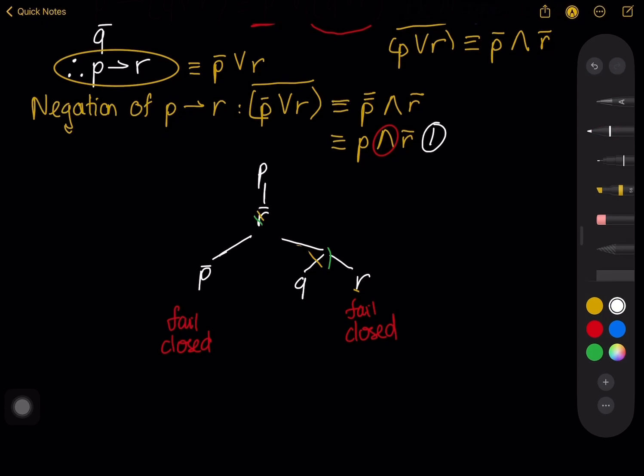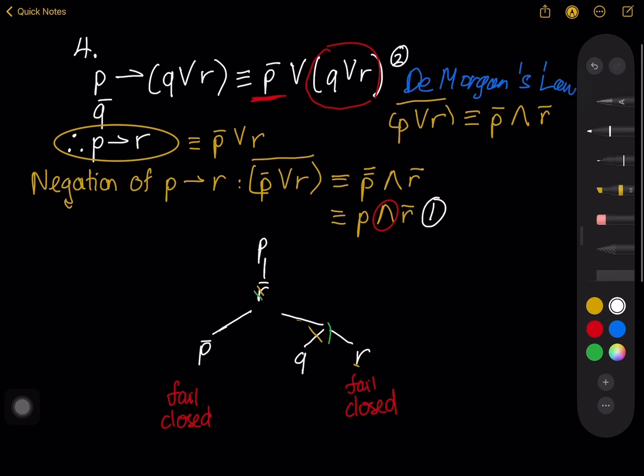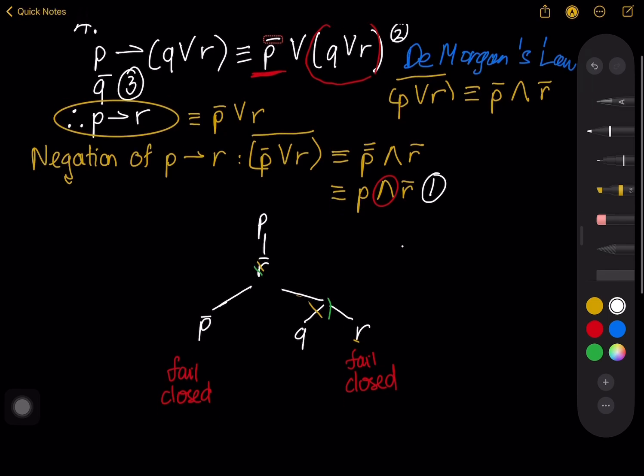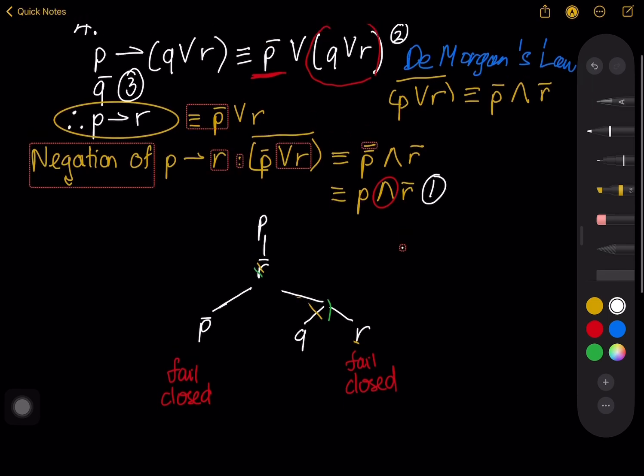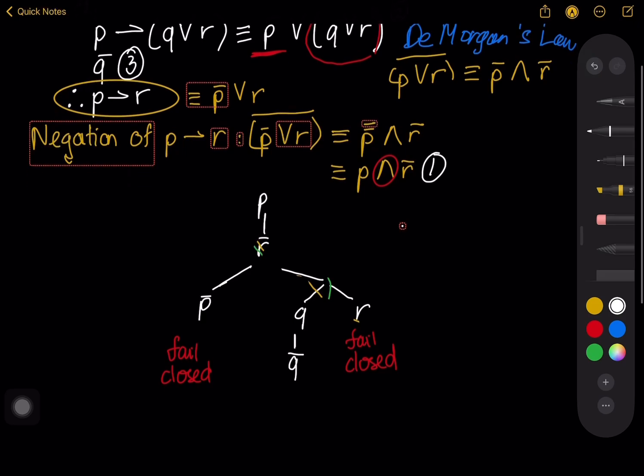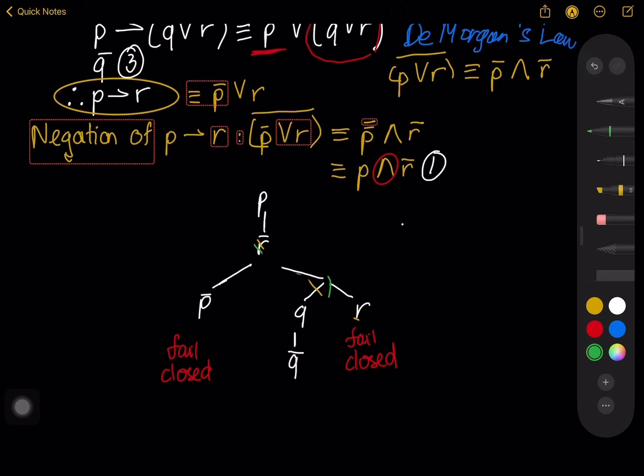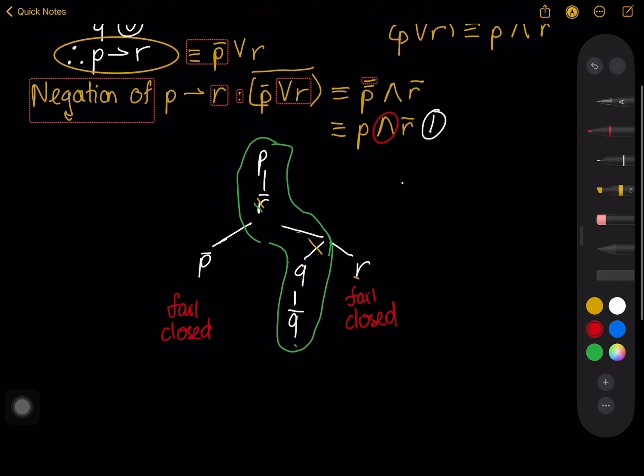Okay. Let's see. Up here we have not Q as our third line, which is the second premise. And we're going to stack it up, right? Under this branch, we have not Q. Alright, let's see if there's any contradiction in this branch. Yep, there is a contradiction.